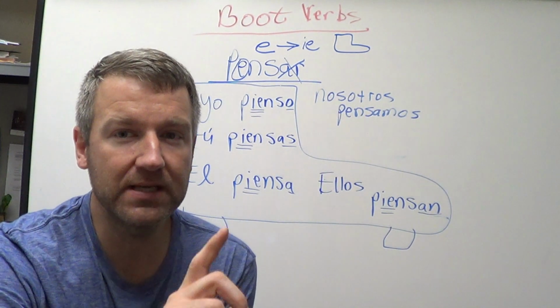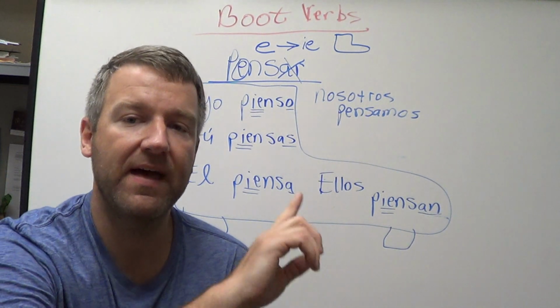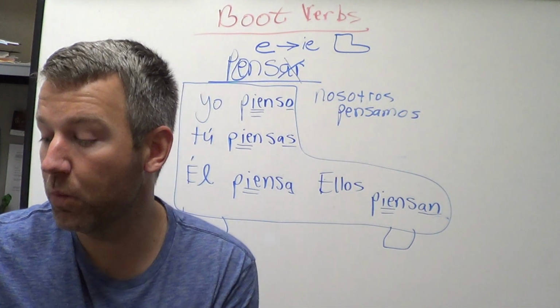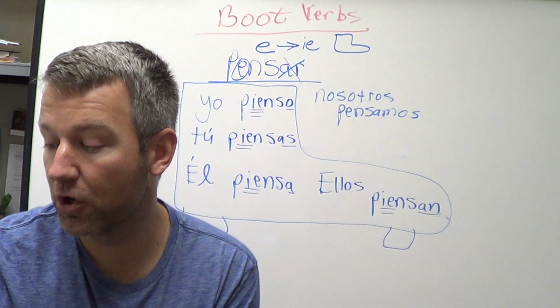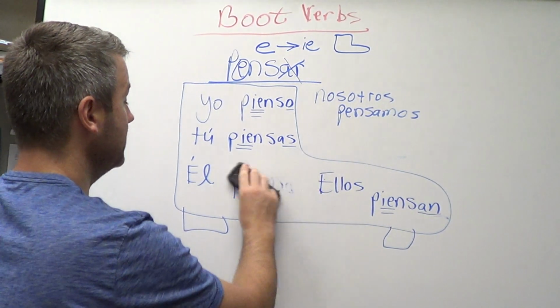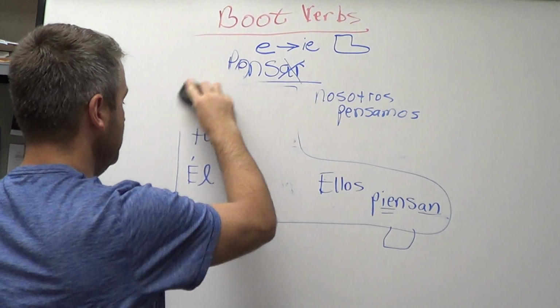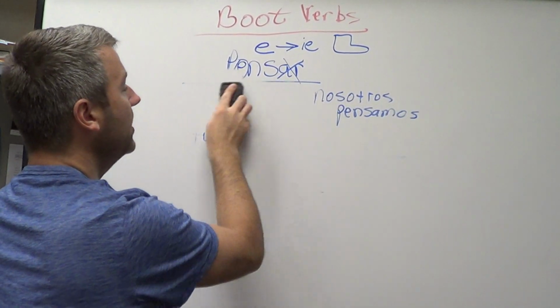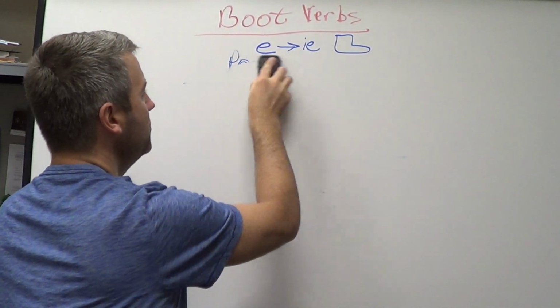So let me give you a quick example of one more verb that goes from an E to an IE. So now we're going to take the verb to understand. To understand. All right? So here, let me just erase that boot. We'll call that a used boot. We're going to go and get us a brand new boot.